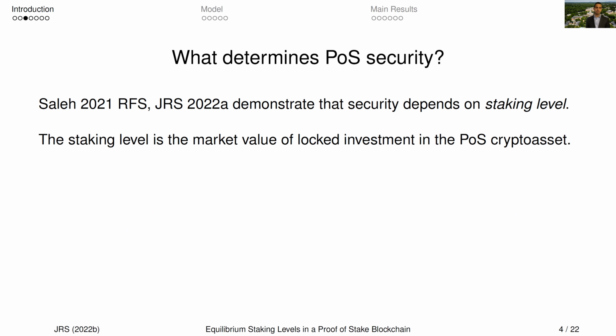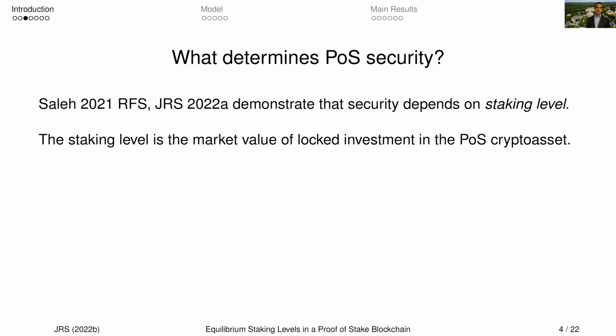I'm going to try to avoid jargon as much as possible, so I'm going to minimize the references to things like staking and staking levels. For now, I'm going to offer a more finance-oriented context of what the staking level is, which is that it turns out the staking level is just the market value of locked investments in the proof of stake crypto asset.